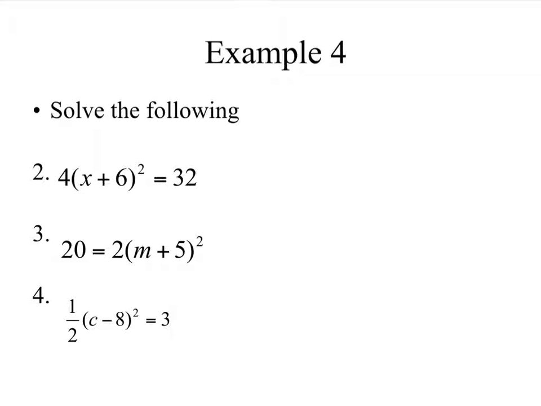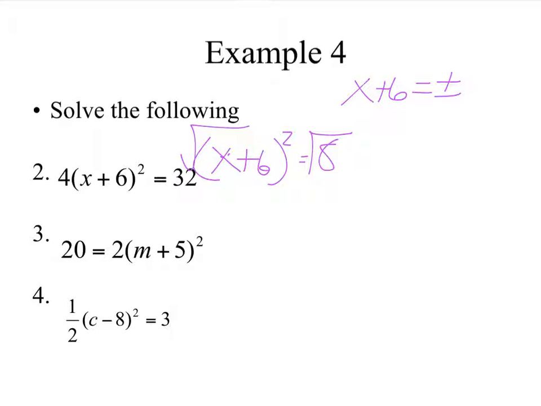So in the first one, I'm going to divide everything by 4. That gives me x plus 6 squared equaling 8. Square root each side. So x plus 6 equals positive negative square root of 8. Subtract 6 from each side.